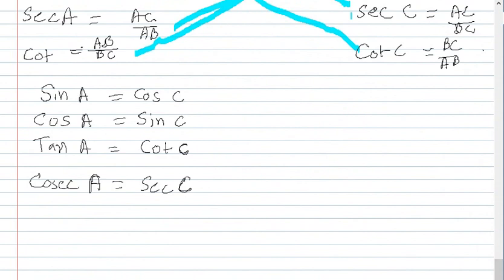So you just need to remember the main ones, and the others are just reciprocals. Sec A is equal to cosec, see just opposite: sine and cos are opposite, sec A, tan opposite.